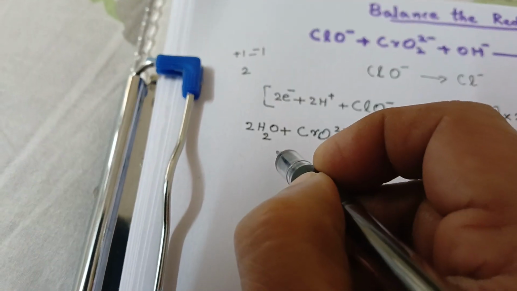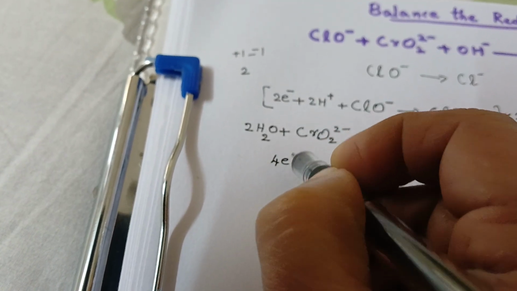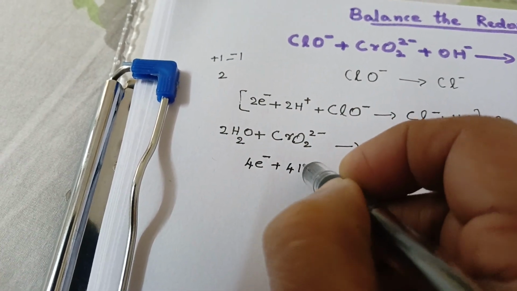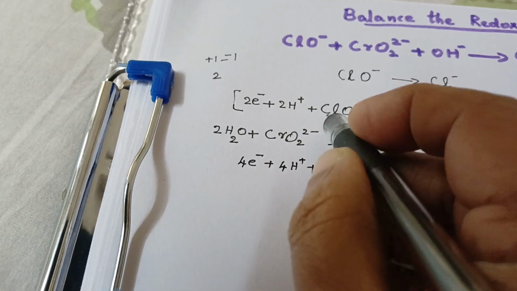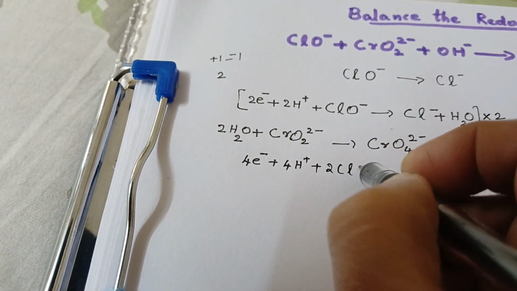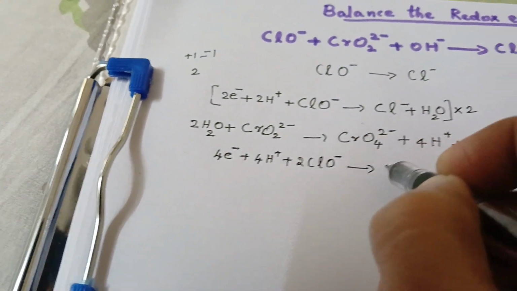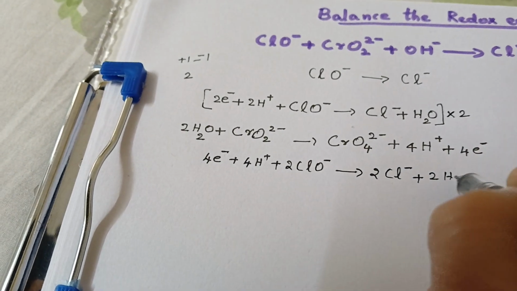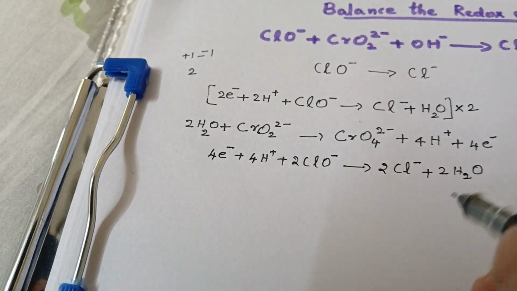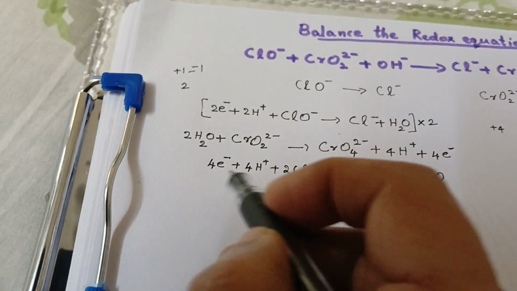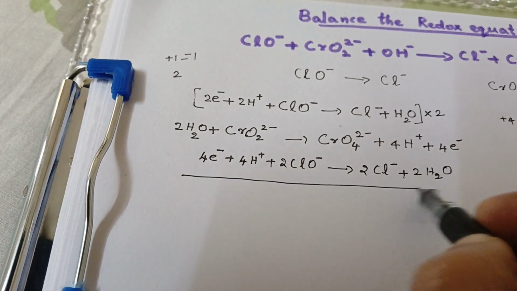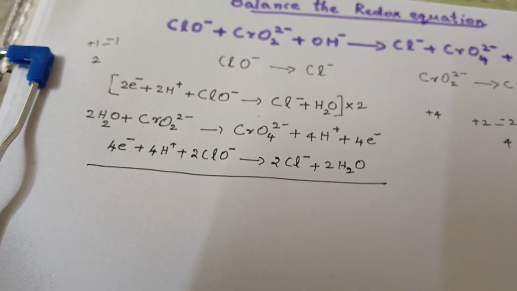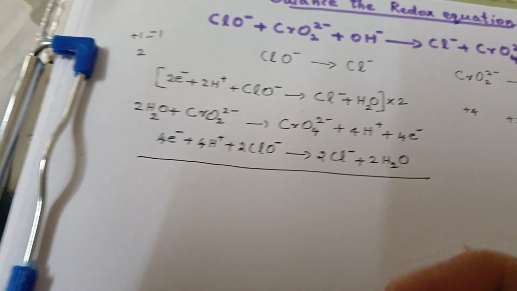So 2 into 2, 4 e minus, plus 2 into 2 again, 4 H plus, plus 2 ClO minus, giving 2 Cl minus plus 2 H2O. Now, after cancelling the common entities, we can add or combine these two.